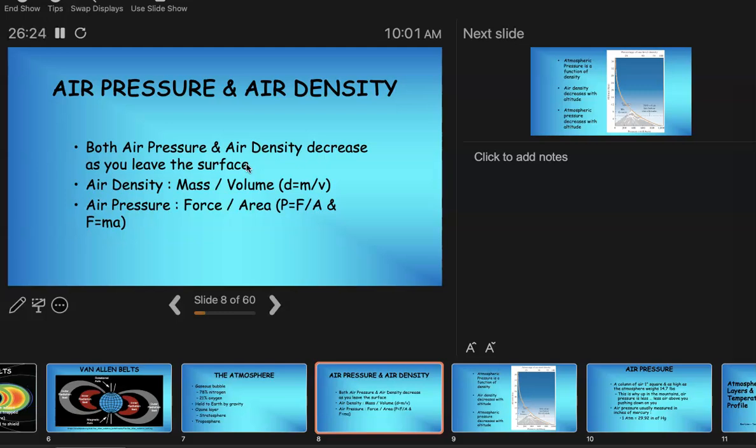If you drew some random circle to indicate your volume, there would be more air molecules in it at the surface of the Earth than there would be way up high. You knew that already. That's all this air density thing is telling you, except we're not counting particles, we're talking about their mass. And the volume is arbitrary.